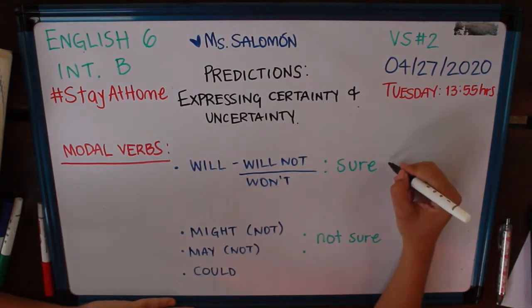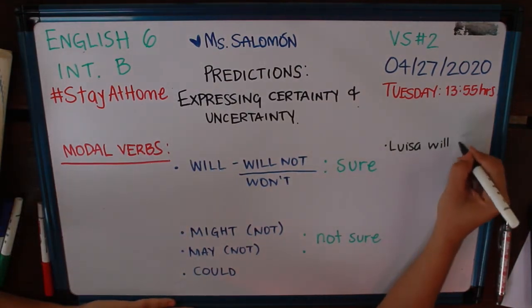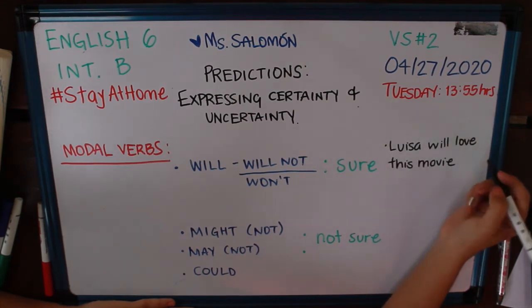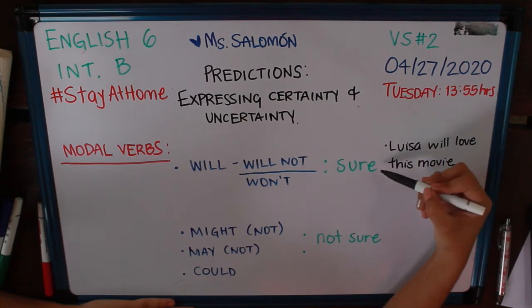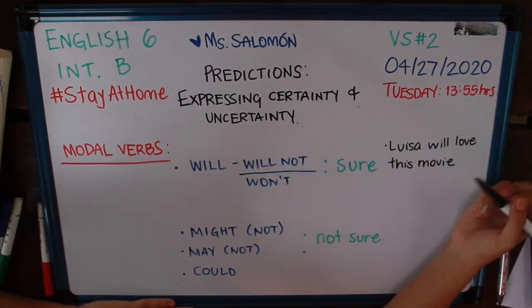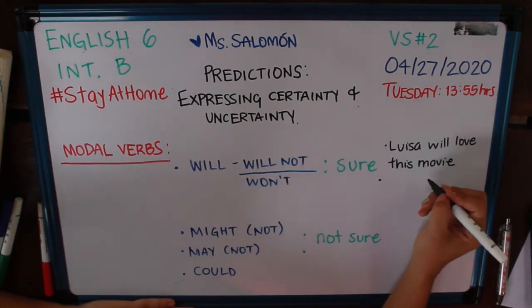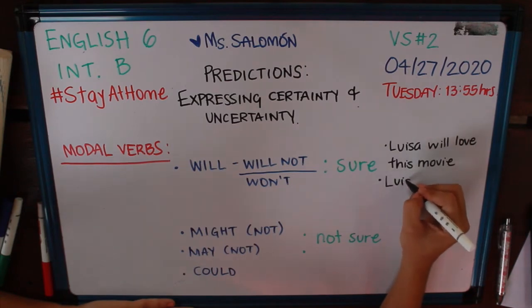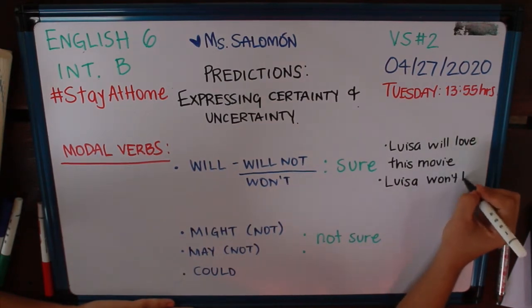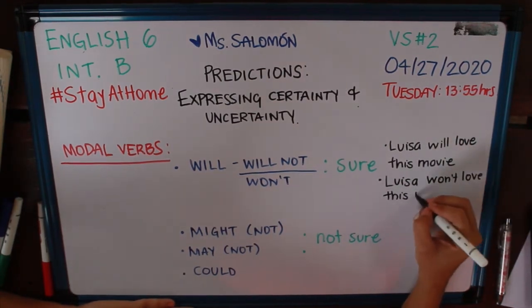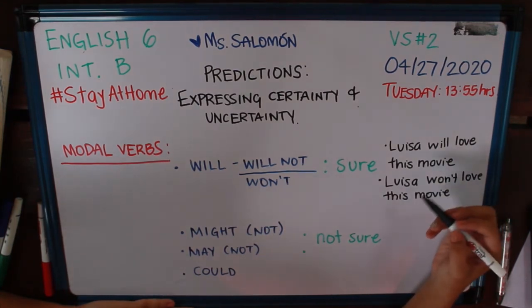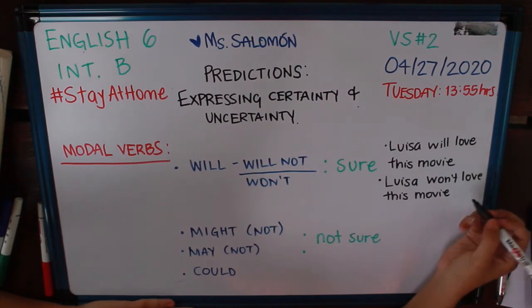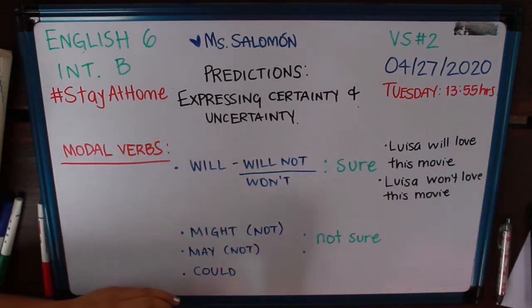So, for example, I could say that Luisa will love this movie. What I'm saying is that I'm sure Luisa will love this movie. But I could also say that Luisa won't love this movie. And in this case, what I would be saying is that I am sure that Luisa won't like this movie.